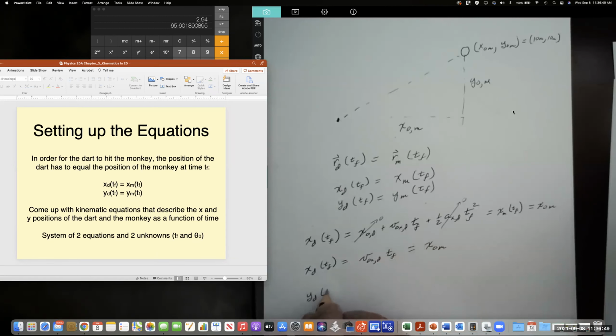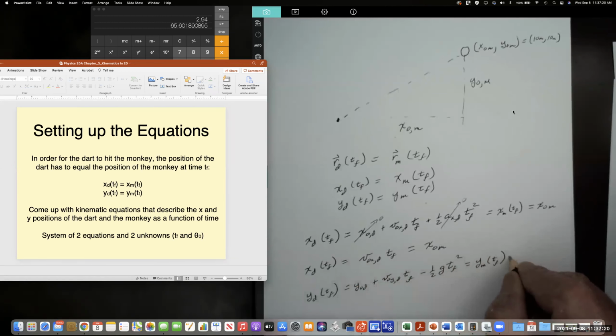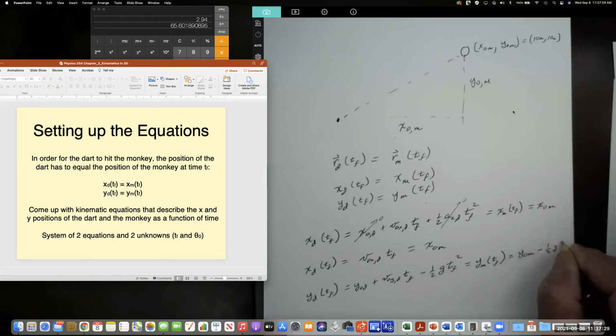Y dart at t final is equal to y0 dart, which is also equal to 0, plus v0y dart times t final, minus 1/2 g t final squared. That has to equal y monkey at t final, which is going to equal y0 monkey minus 1/2 g t squared.